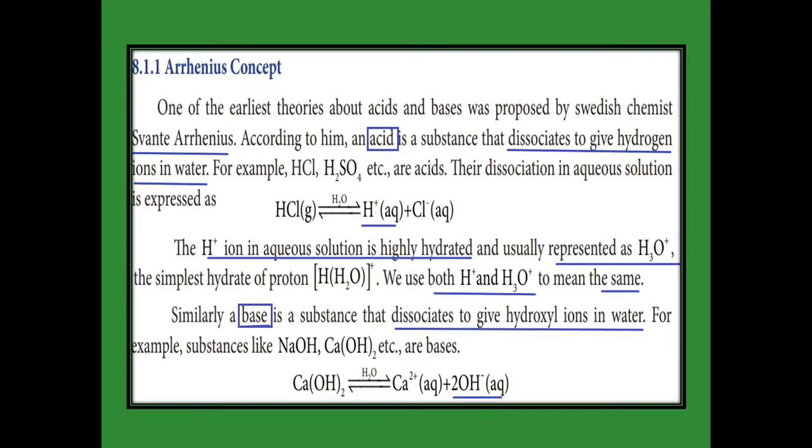Base is a substance that dissociates to give hydroxyl ions in water. For example, sodium hydroxide dissociates in water to give Na plus and OH minus. In the same way, calcium hydroxide, Ca(OH)2, in water dissociates to give Ca 2 plus and 2OH minus.